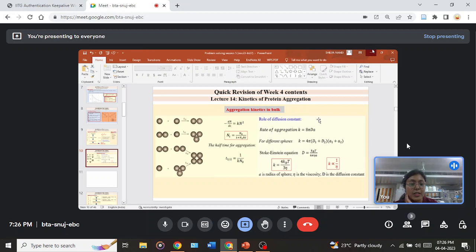You can figure out from the figure present just on the left that one molecule plus another molecule leads to a combined molecule. Again, that combined molecule attaches with another molecule to form the next, and so on. This process occurs again and again until a proper aggregate is formed.